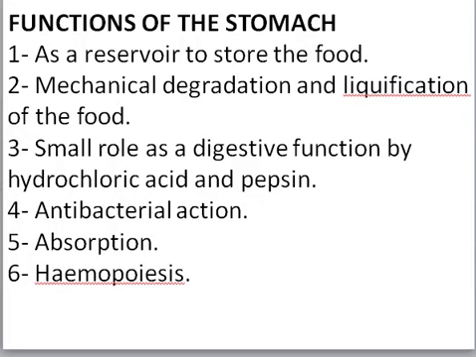Intrinsic factor is important in the absorption of vitamin B12. Dietary vitamin B12 reaches the stomach. In the stomach there is bonding of this vitamin B12 with the special factor secreted by the stomach, called intrinsic factor.